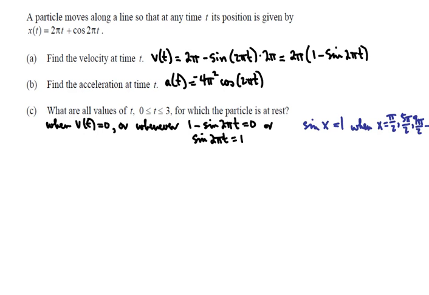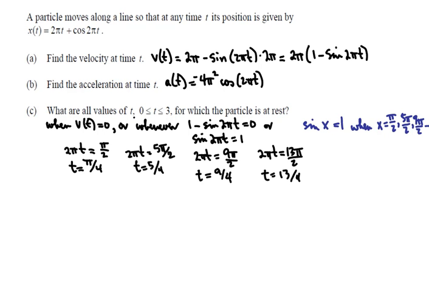So what we have to do is find out when 2 pi t is equal to pi over 2, 5 pi over 2, 9 pi over 2. I solve a number of those equations and get t equals pi over 4, 5 pi over 4, 9 pi over 4. At 13 pi over 4 I've gone beyond 3, so I don't include that solution. So I have three values.